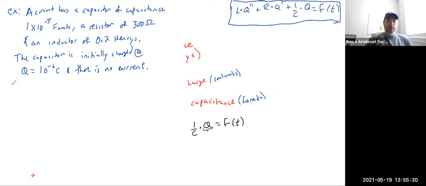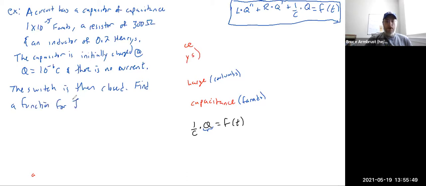All right, so what we're going to do then is, the switch is closed, and we're going to find a function for I of t.